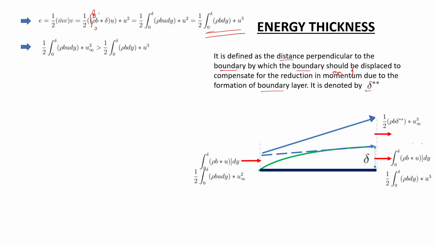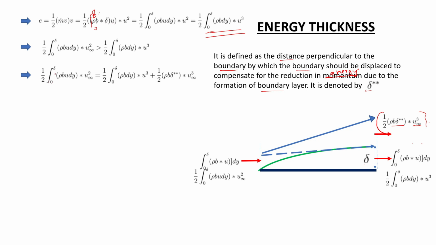It is defined as the distance perpendicular to the boundary by which the boundary should be displaced to compensate for the reduction in energy due to the formation of boundary layer. It is denoted by delta star star. So this is equal to half into rho b into delta star star, this is the mass flow rate, into u infinity cube.